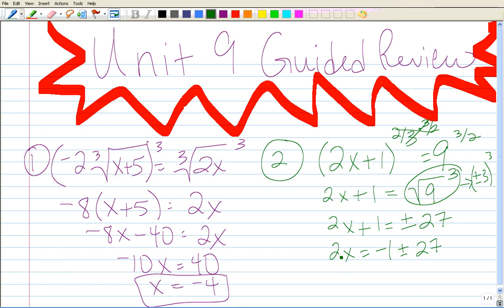And then we'll get 2x equals negative 1 plus 27 is 26, and then negative 1 minus 27 is negative 28. Divide both sides by 2, you'll get x equals 13, or x equals negative 14.